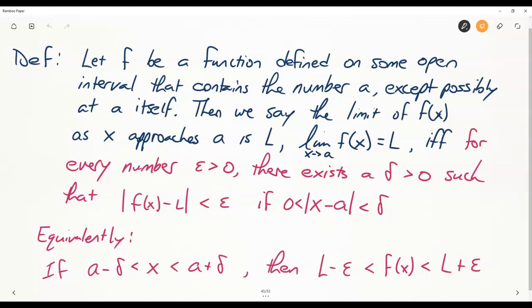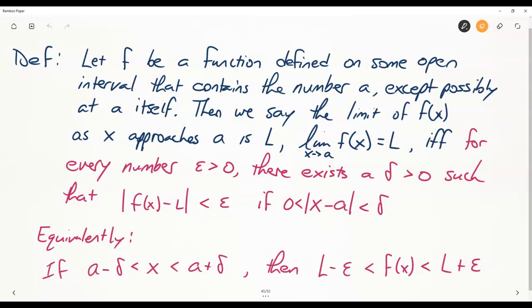If and only if, for every possible number epsilon that is chosen, greater than 0, there exists a delta greater than 0, such that if the distance between x and the number we're approaching is less than that chosen value of delta, that will guarantee that the distance from our function value away from that limit is at least as close as that epsilon value.